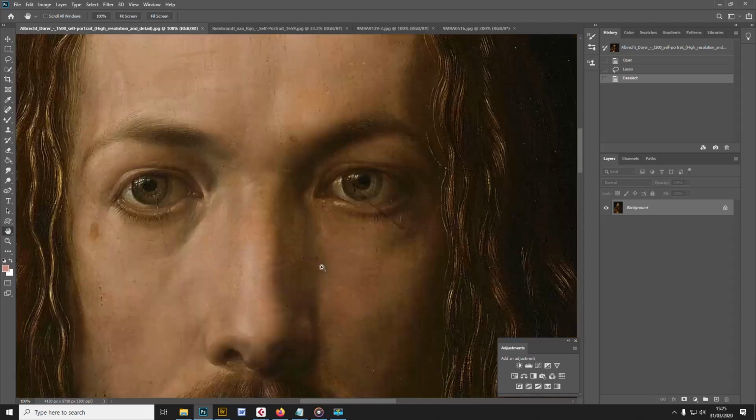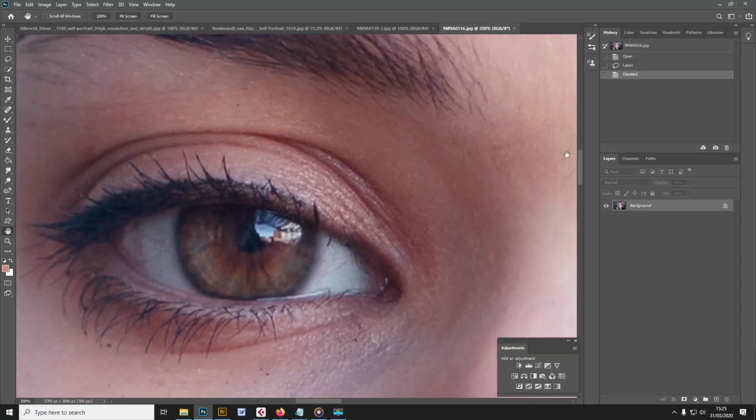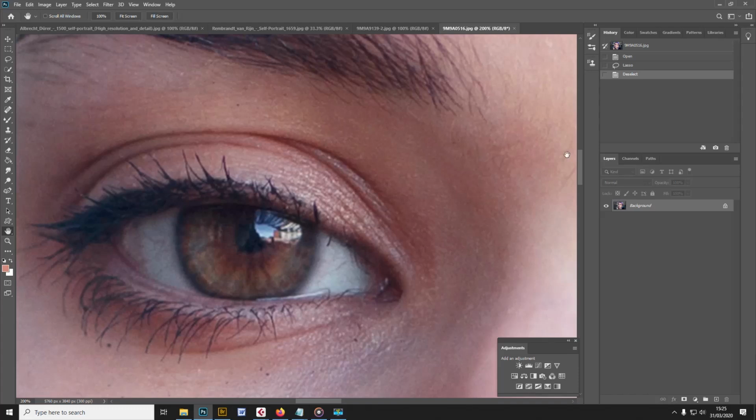Now, if we just take a look at a photograph, this is just a photographic portrait, and this again is about a 5K image, and we can see this is a portrait which was taken outdoors with quite strong natural light in a kind of urban setting.